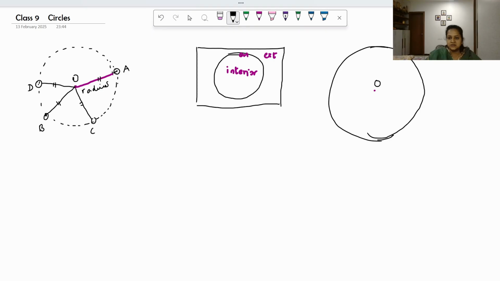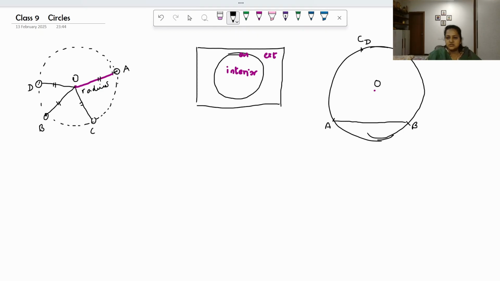If I take any two points on the circle, I join O to A, radius, O to B, radius, and I join A to B. We are taking any two distinct points. Why am I using the word distinct? Because if I take C over here and D coincides with it, then are they distinct? No, they are not. That is why we are considering two distinct points A and B.